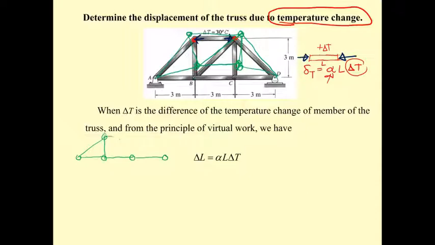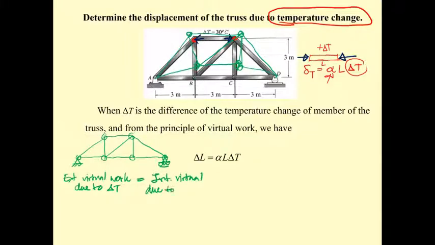So by the principle of virtual work, you may again write the external virtual work due to the temperature change, due to delta T, is going to be equal to the internal virtual work due to delta T and unit load.